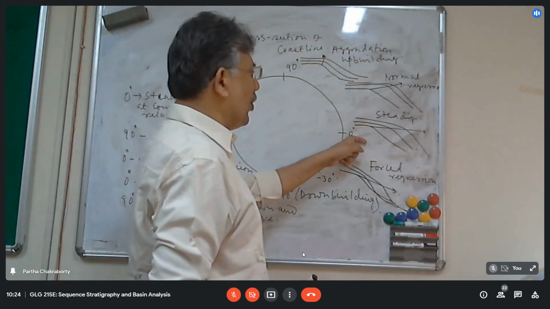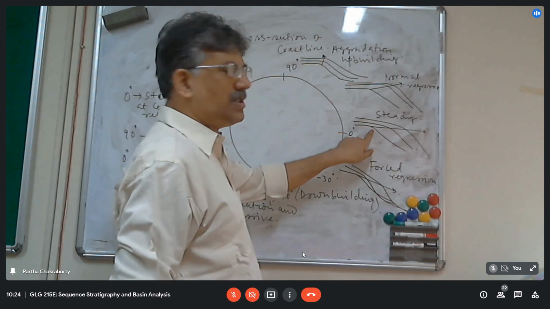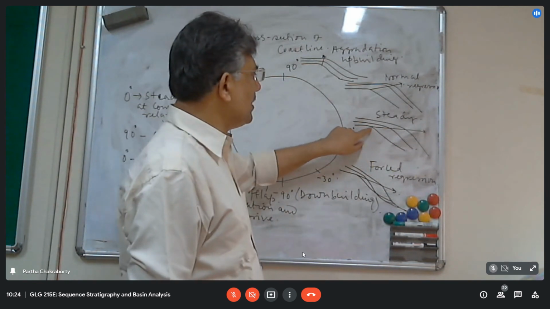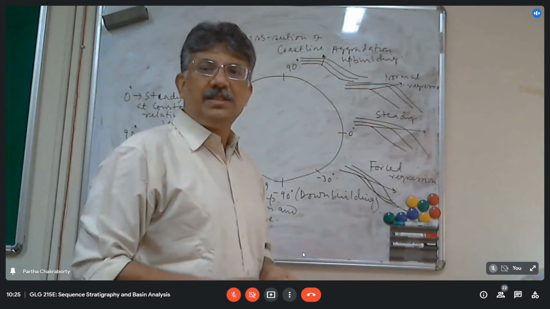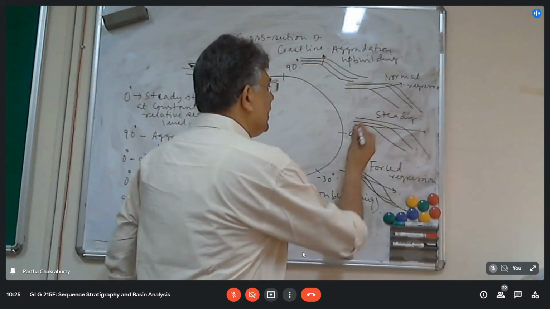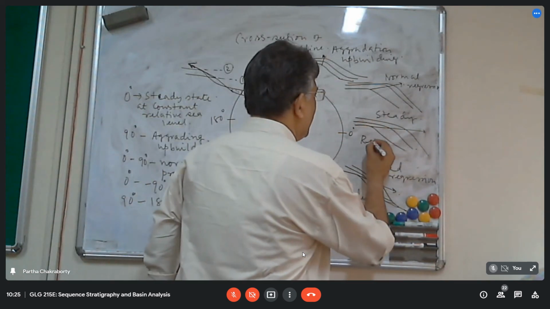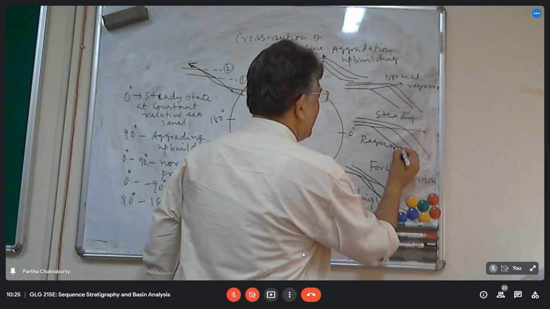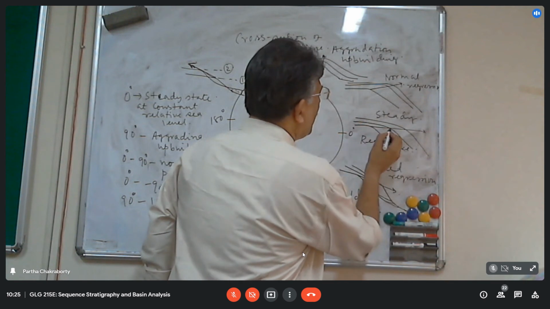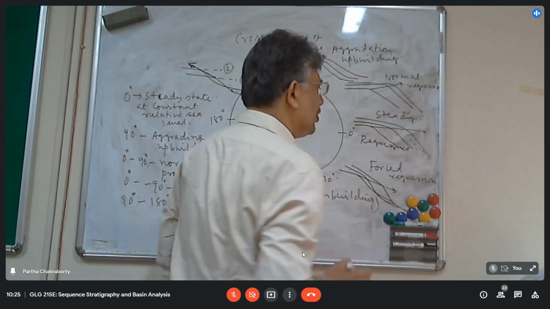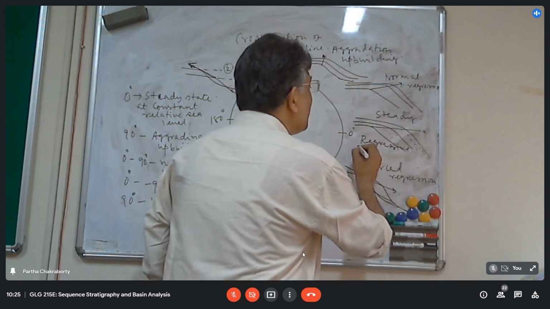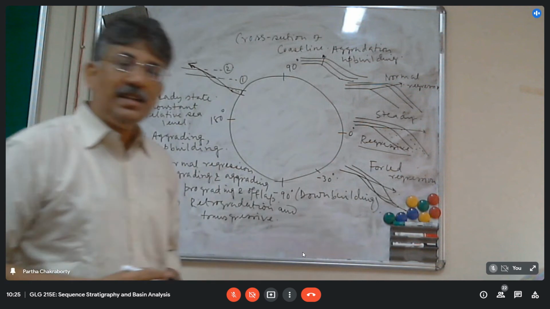Suppose this is 0. So what is the coastline showing? It is showing a steady regression. There is regression because you have the progradation that is going on, but the regression is very steady.